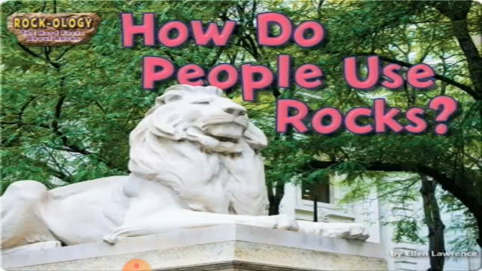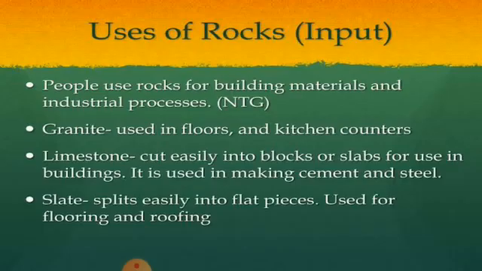How do people use rocks? How are rocks useful to us? Let us see the uses of rocks. People use rocks for building materials and for industrial processes. Granite, a type of rock, is used in floors and kitchen counters.